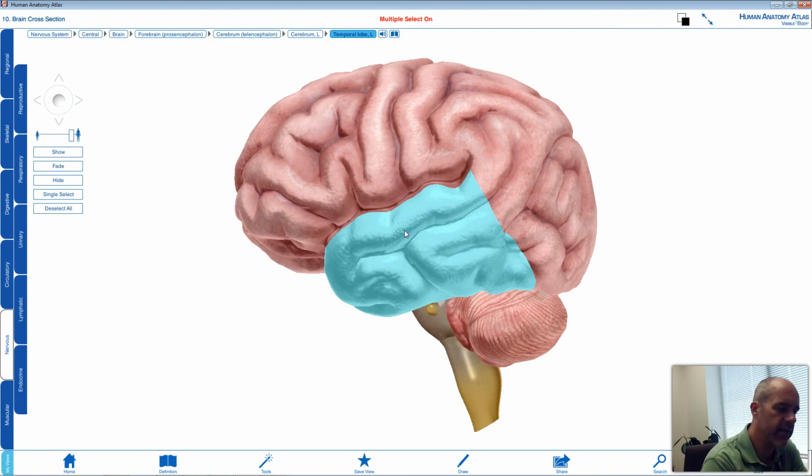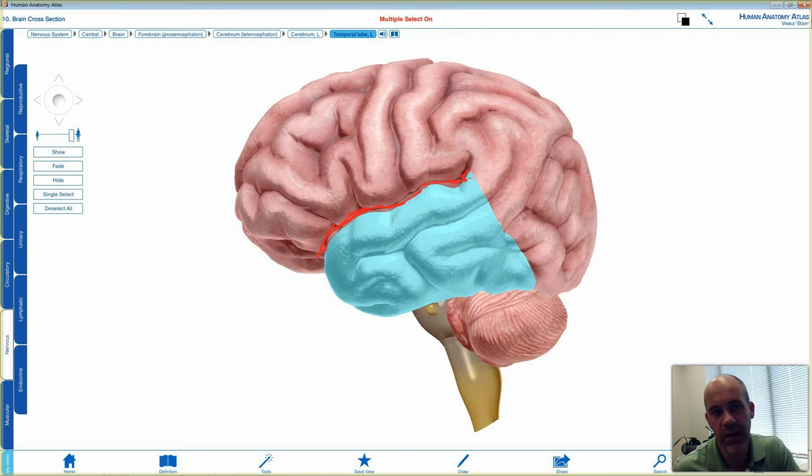And just above the temporal lobe, you've got a deep fissure right in there. And that is called your lateral sulcus or fissure. It is over on the lateral side, sitting just above the temporal lobe. You have one of those on the left and one on the right. So that's pretty straightforward as well.